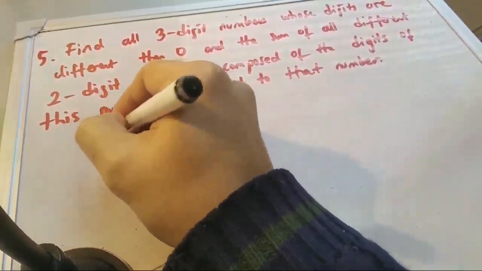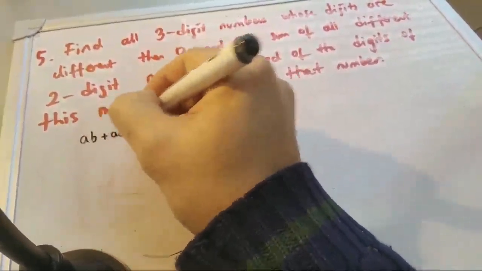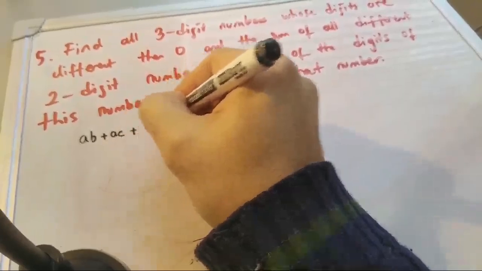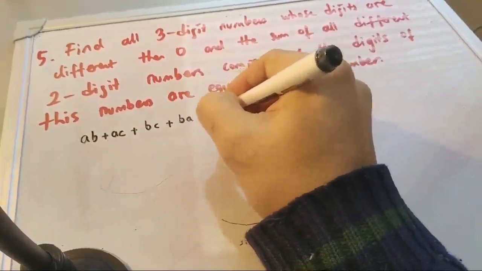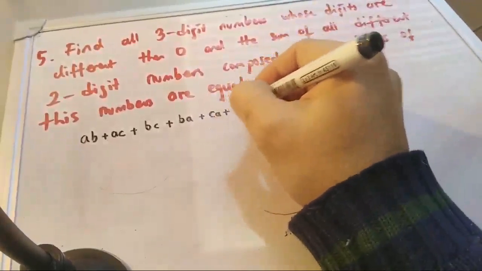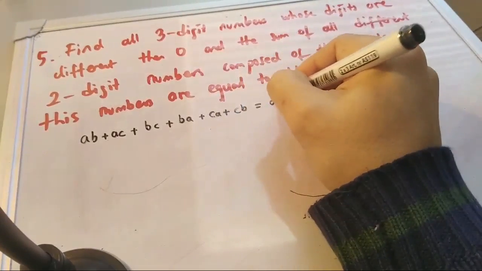AB plus AC plus BC plus BA plus CA plus CB will give us ABC.